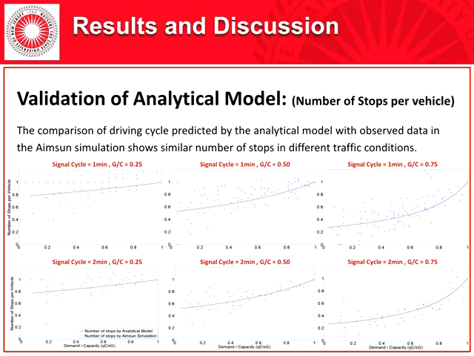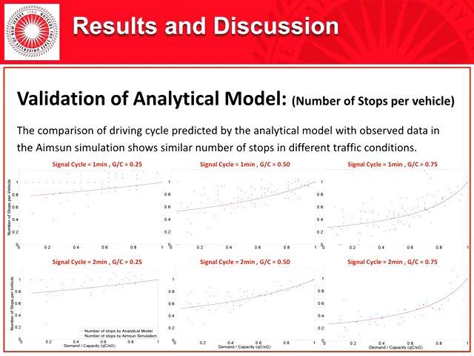It can be seen that with a longer signal cycle and a higher ratio of green period to the cycle length, the trend of variation becomes more similar in both results, as you see in the bottom right corner graph.